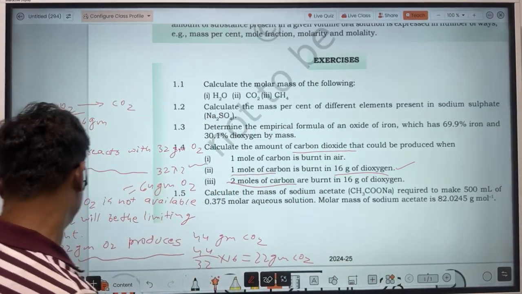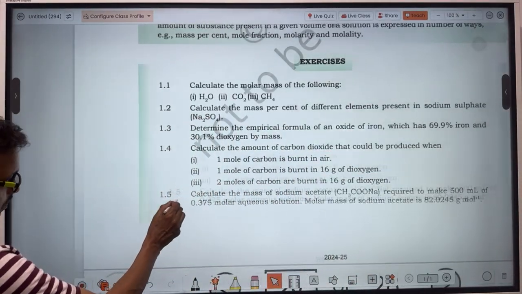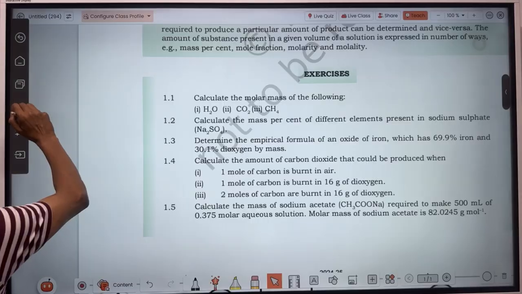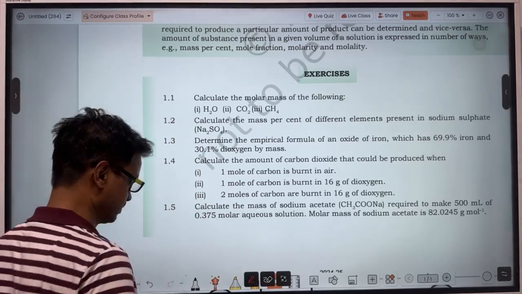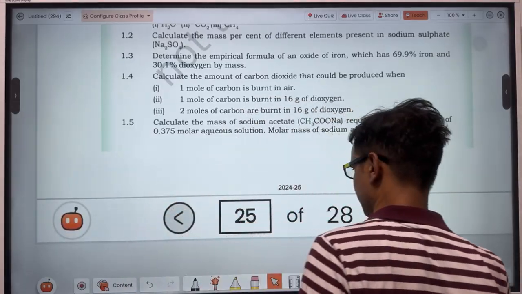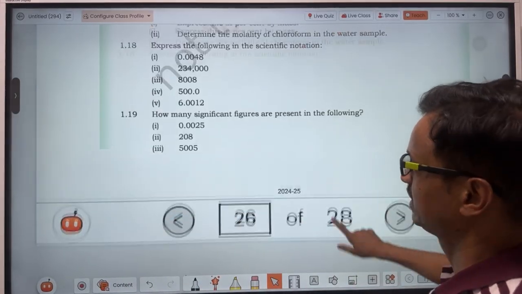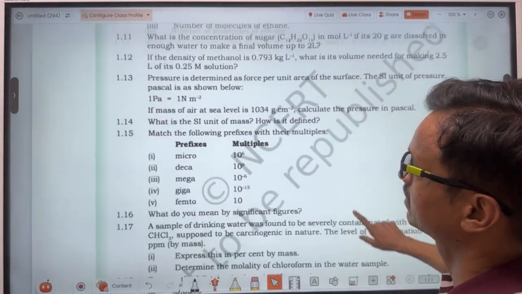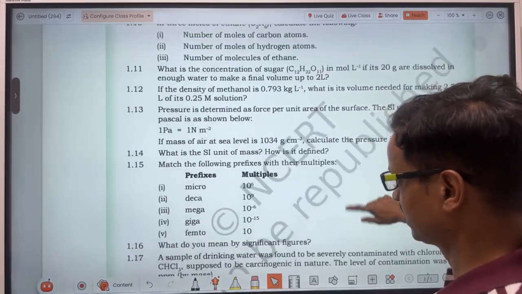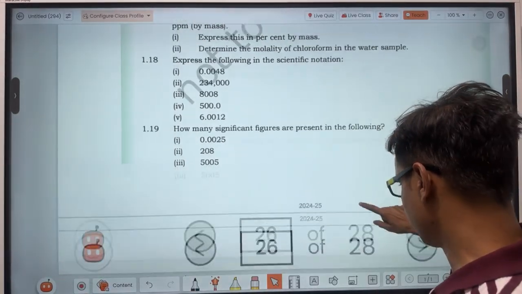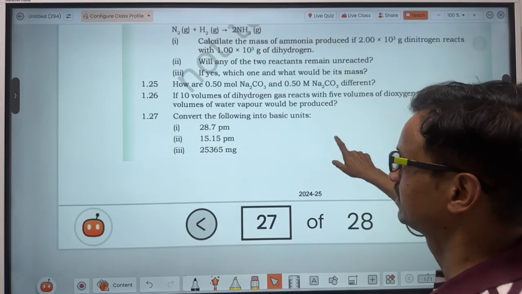From question number 1.5 onwards, we have discussed till 1.4 here. After that, from 1.5, we will discuss in the next class.